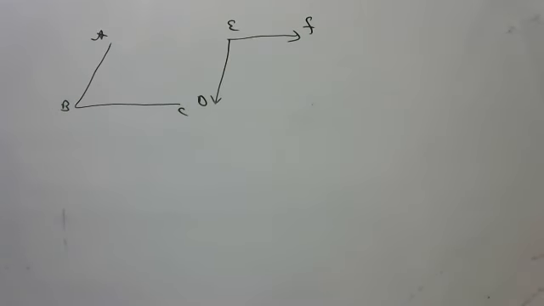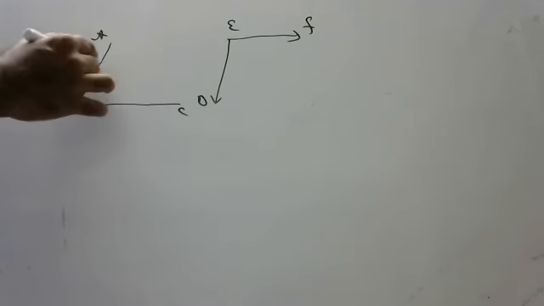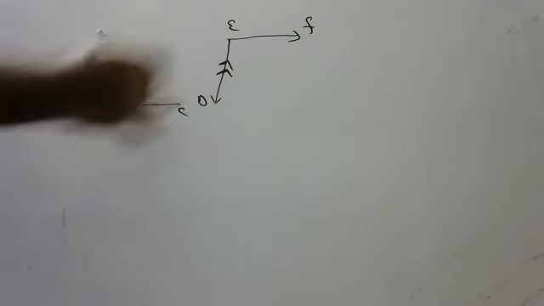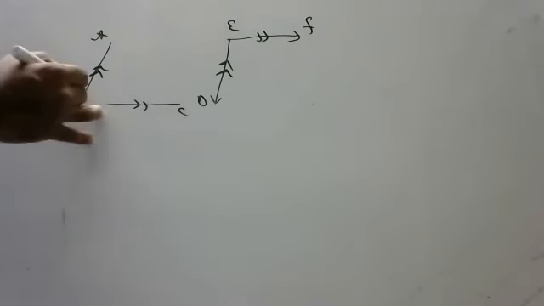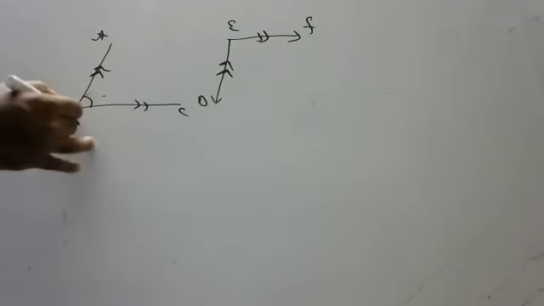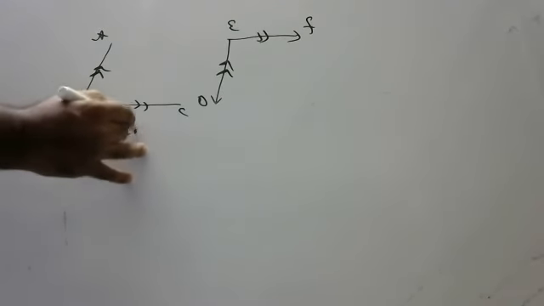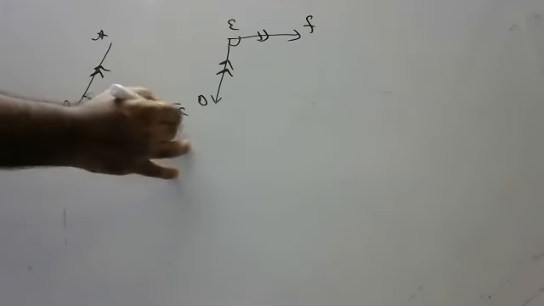Same, children. AB and BC are parallel to ED and EF. He's saying these both are parallel as usual, and these both are parallel. He's asking me to prove that angle ABC plus angle DEF is equal to 180. Children, this is B. Required to prove: angle B plus angle E is equal to 180 degrees.